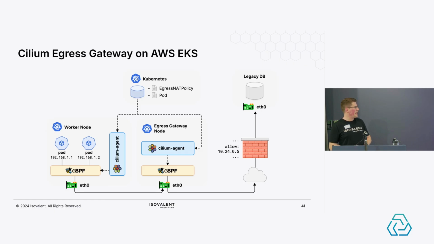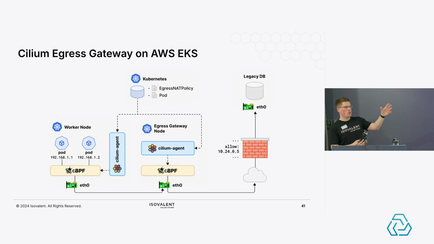Then another pretty handy feature that can also be easily used on EKS is the Cilium egress gateway. It allows you to configure a deterministic source IP from which the connection from a pod is leaving the cluster. With that, you could, for example, assign static IPs to a whole namespace or to just a subset of specifically labeled pods.